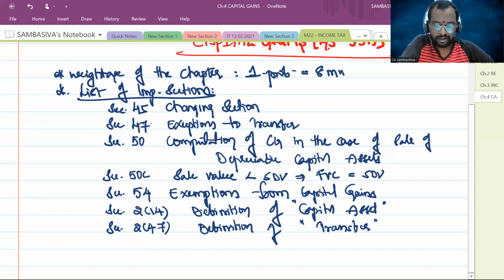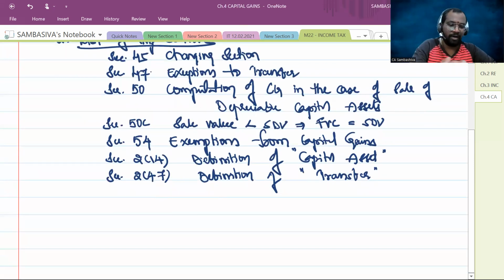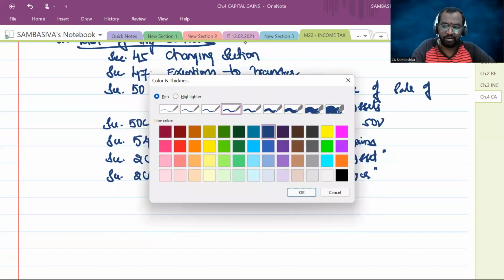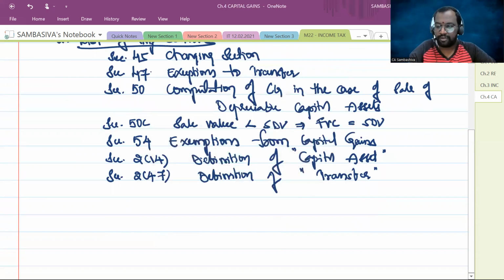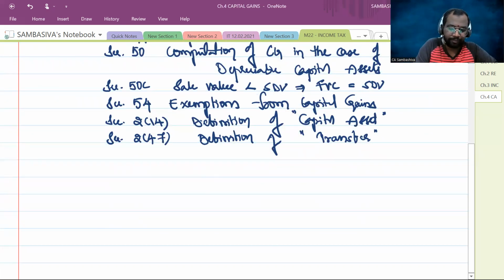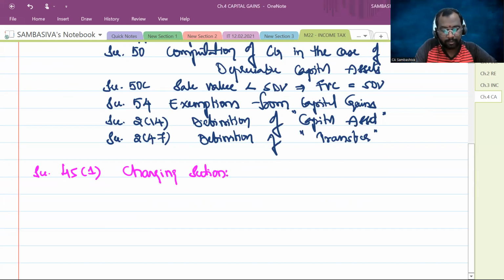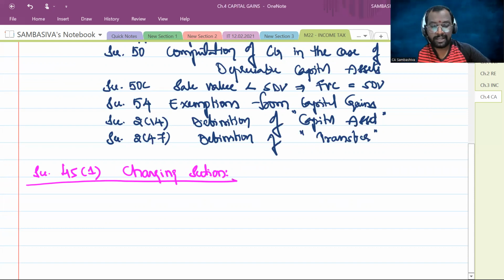Okay, ma? Right. Now, let us start with the very first section of this chapter, section 45. So every one of you, ma, put the heading. Section 45, subsection 1, charging section. Because here section 45 is a series, amma.